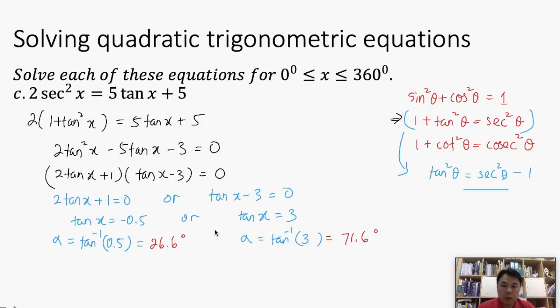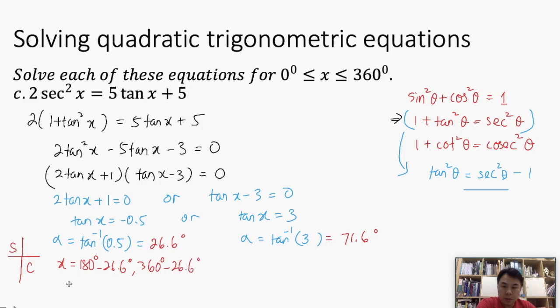And then one of these tangents is negative, so if you draw that diagram, it means the solutions will be located in the fourth quadrant and the second quadrant there. Therefore, I can write down x as 180 degree minus 26.6 degree, and the other one is 360 degree minus 26.6 degree.